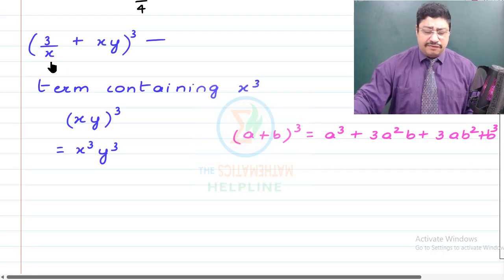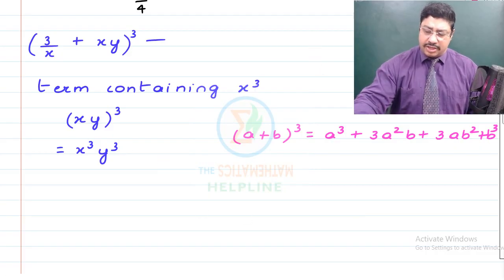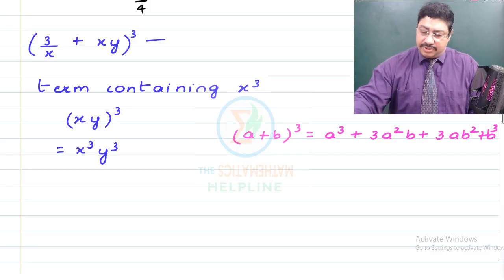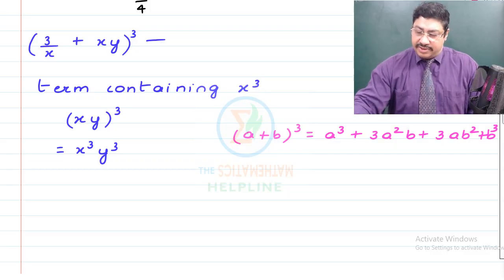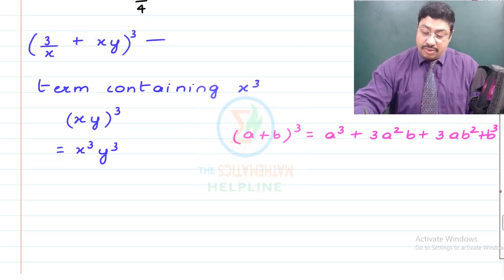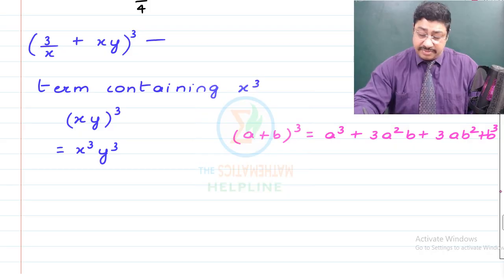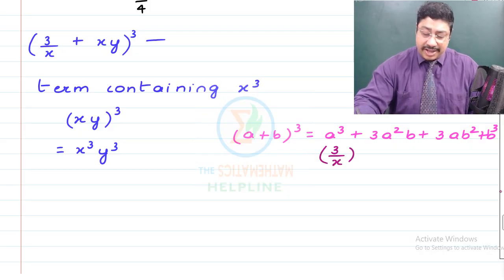Now, if we talk about the first term, in that we will not be able to get the term with x cube, right? As such, we'll be talking about the second term, right? So let's look at what happens. Because Abhinav wants to know, I'll tell him further in detail what this is going to become. So the first term here is going to become equal to (3 upon x) whole raised to the power 3.